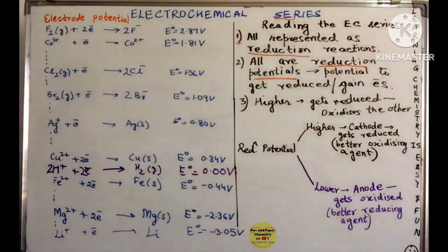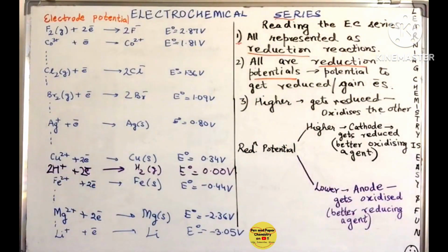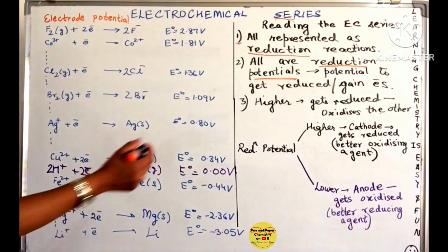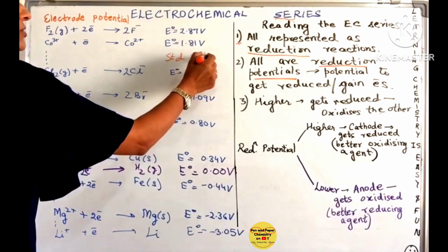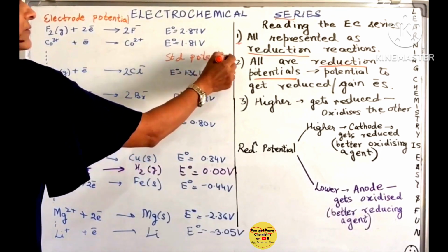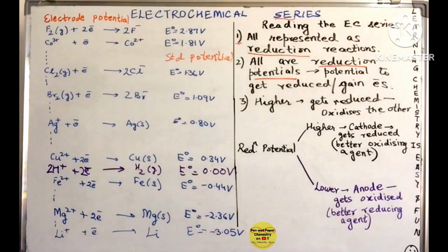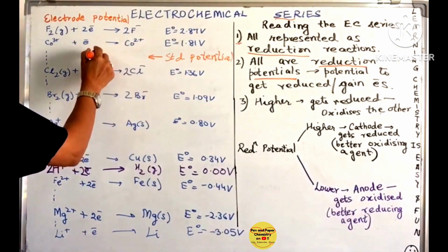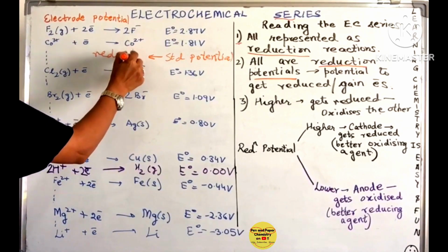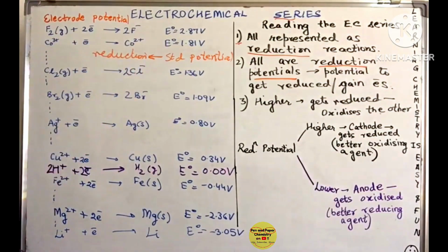Very obvious. You'll say it's the same point being repeated. Yes, because we want to stress on that point that if I am using the word standard potential, unless we specify standard oxidation potential, it is assumed that standard potential would mean reduction potential.